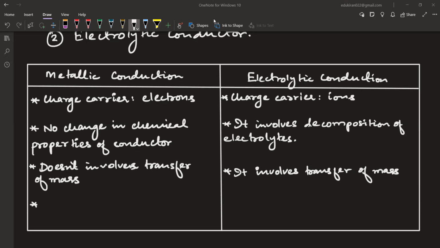Please write: metallic conductance decreases on increase in temperature.